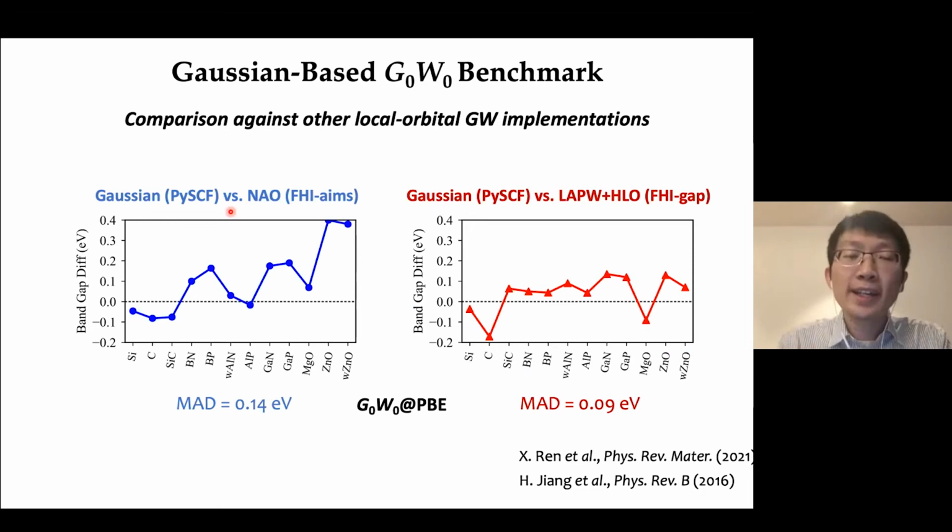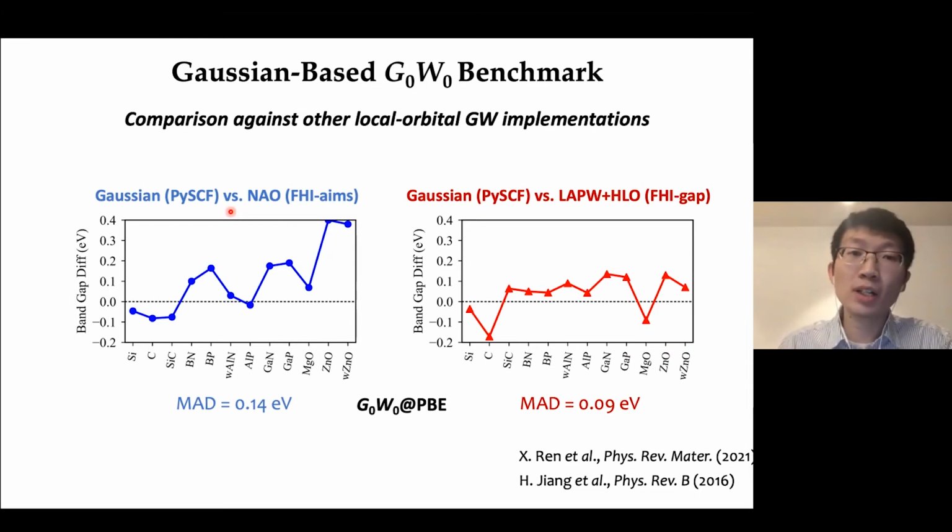So in the spirit of this workshop and this session, I think it's also interesting to compare our methods with other GW implementations. And here I'm just showing some interesting analysis.